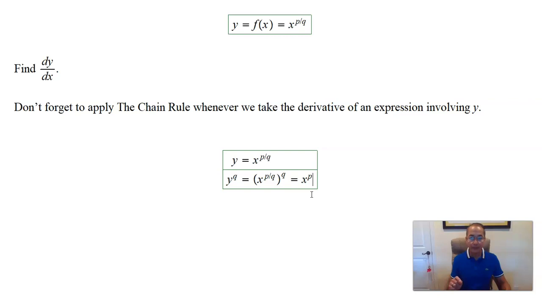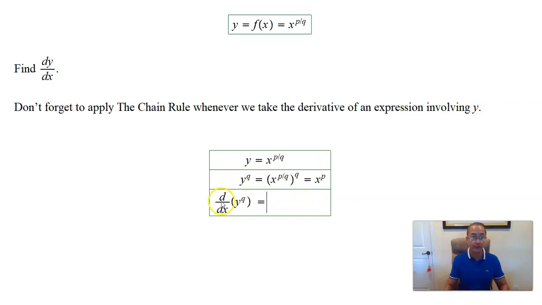The great thing now is that both exponents, q and p, are integers. So we can apply the power rule when the power is an integer, because we have a legitimate formula whether q or p is a positive integer or a negative integer. So we're going to take the derivative of both sides, the derivative of y to the power q on the left, and on the right, the derivative of x to the power p.